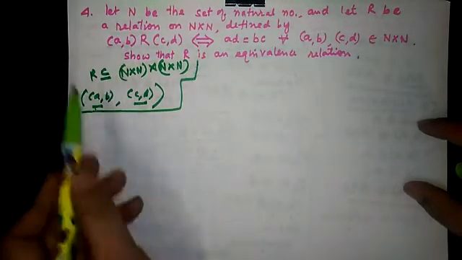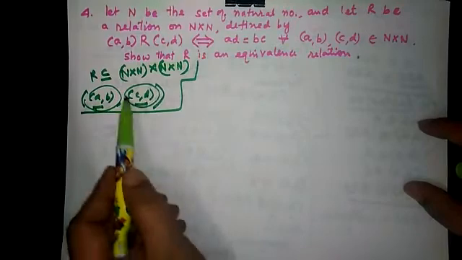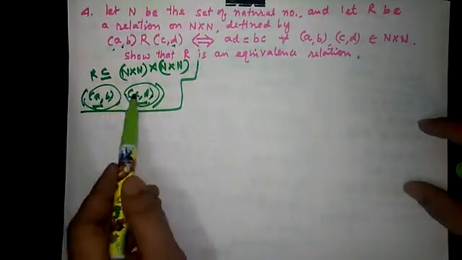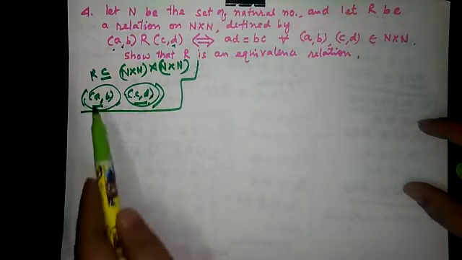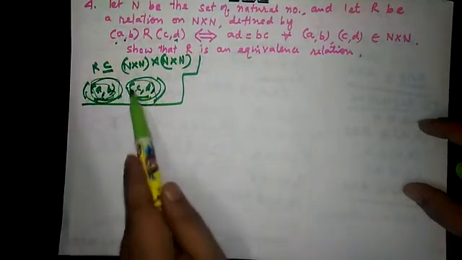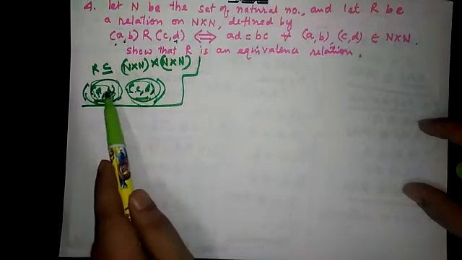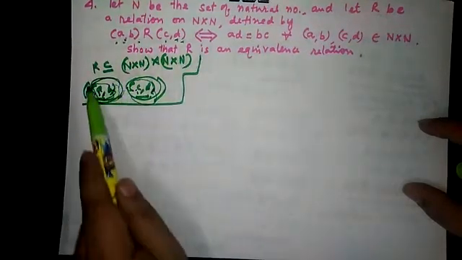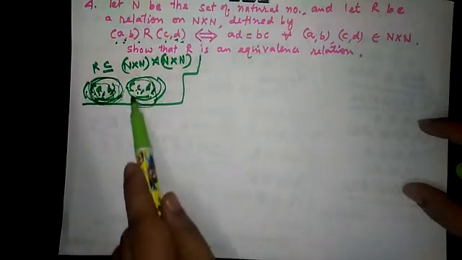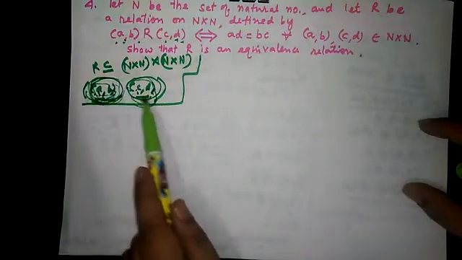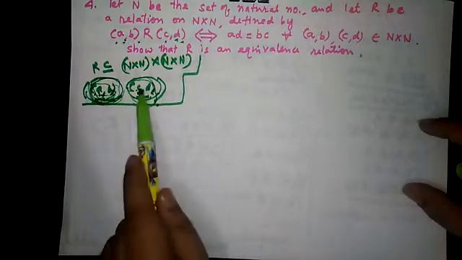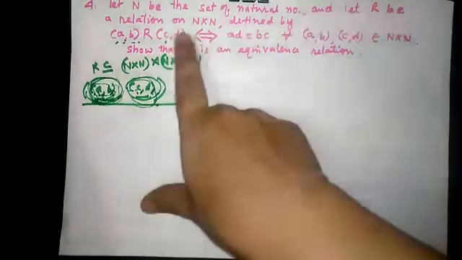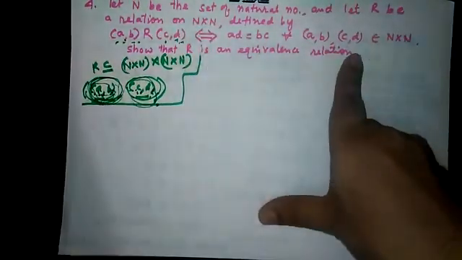So here (A,B) is related to (C,D) if A into D equals B into C. I'll take this as the first component, the first element, and this as the second component, the second element. Ordered pair AB related to ordered pair CD if A into D equals B into C. For all elements here, the elements of N cross N will be ordered pairs.